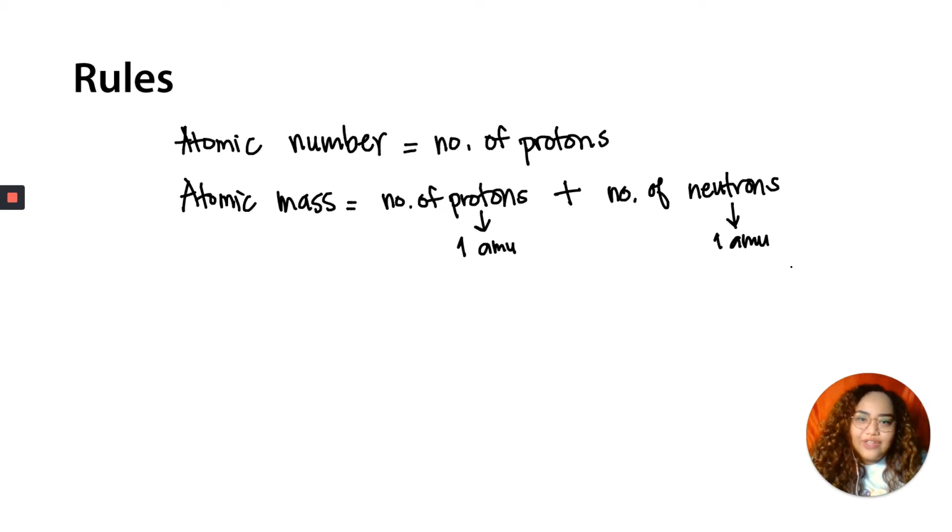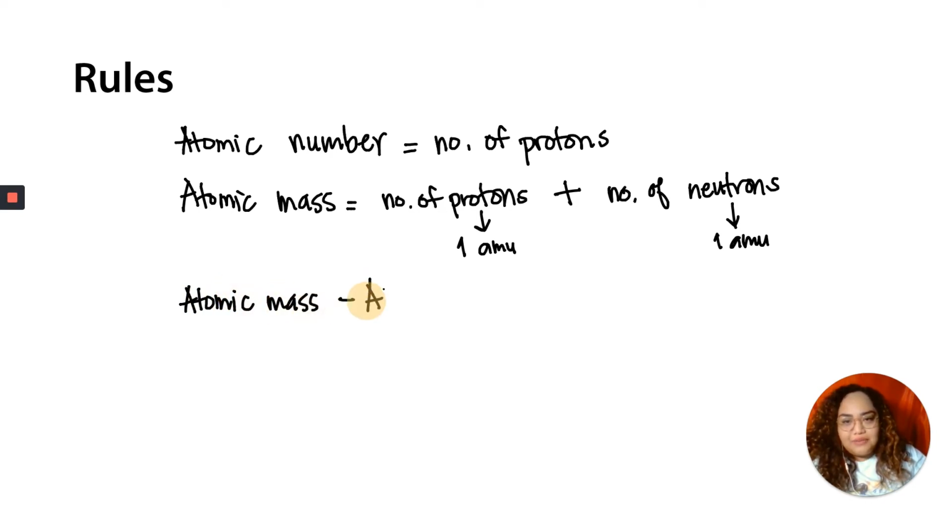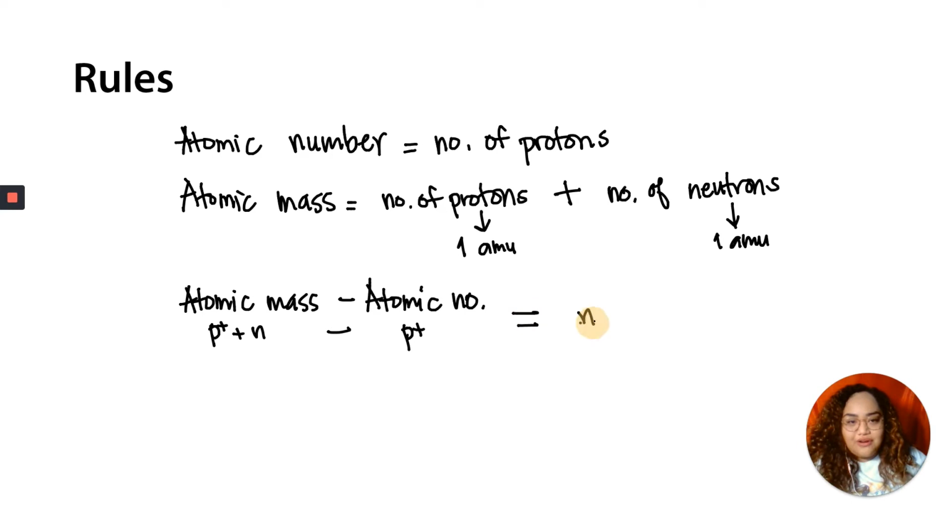So therefore, if you analyze that, if you have the atomic mass minus the atomic number, which is basically protons plus neutrons minus protons, you will get the number of neutrons.